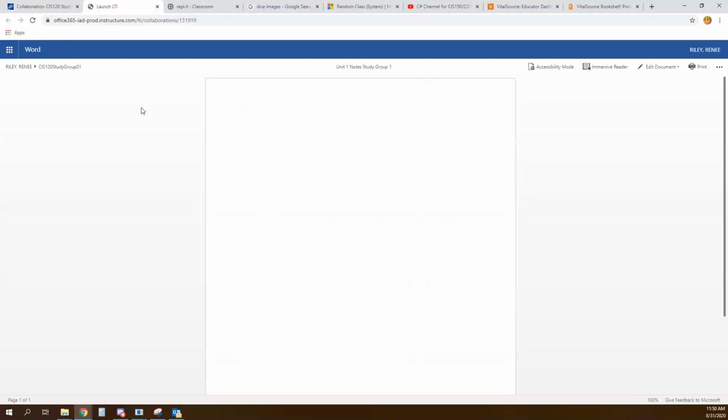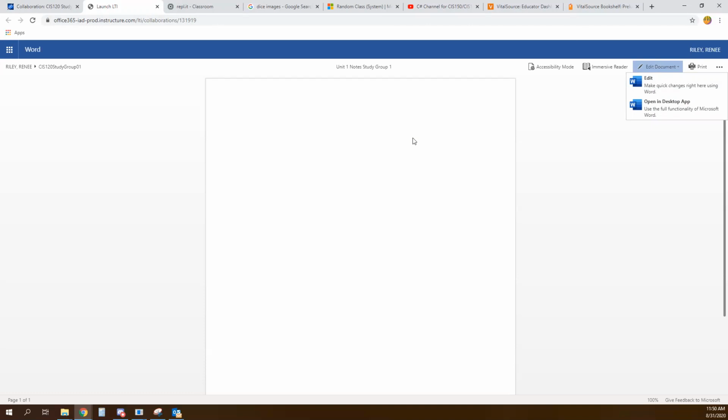Now, it's using Office 365 and it's using Word. Up here where you have this option to edit the document, if you were to edit this in the desktop app, you've just disconnected it from the rest of your study group, right? Because now you've taken it from the cloud and you've put it on your desktop. You're going to update it, change it.